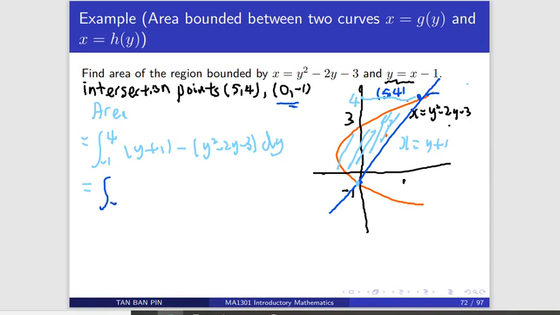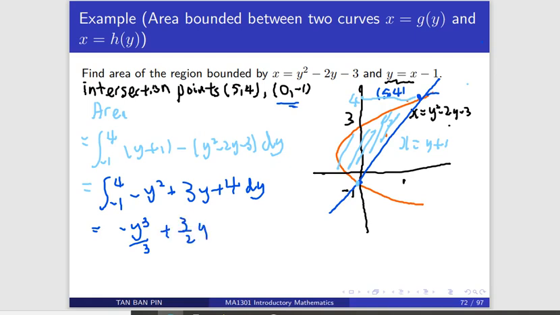This is the same as integrating from minus 1 to 4 of minus y squared plus 3y plus 4 dy. That will give you minus y cubed over 3 plus 3 over 2 y squared plus 4y, and then you substitute upper limit 4 and lower limit minus 1.